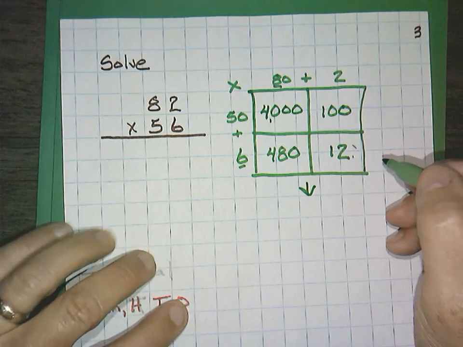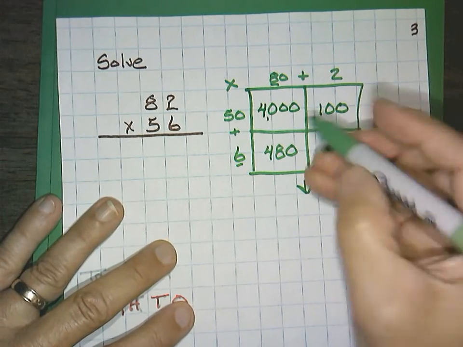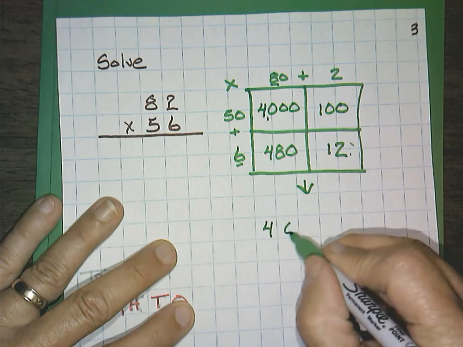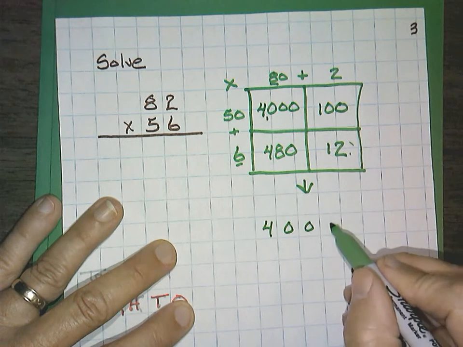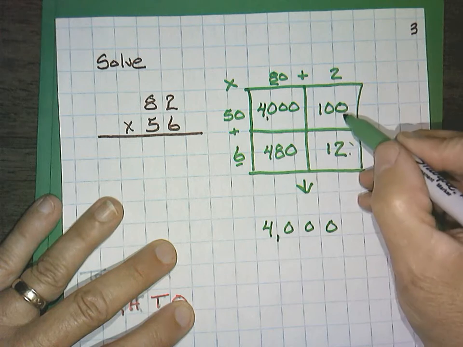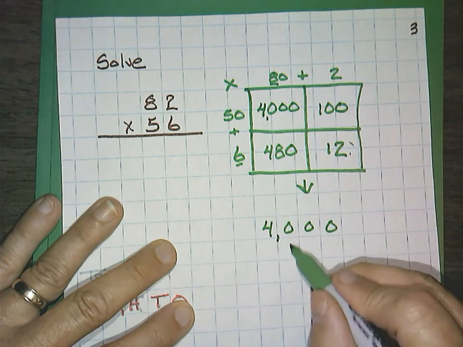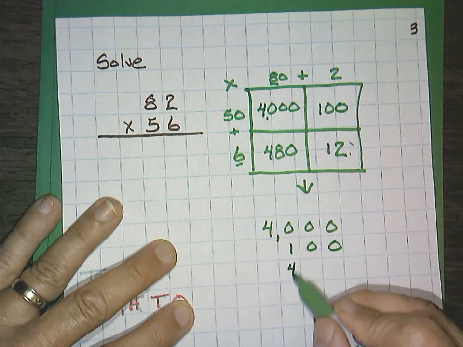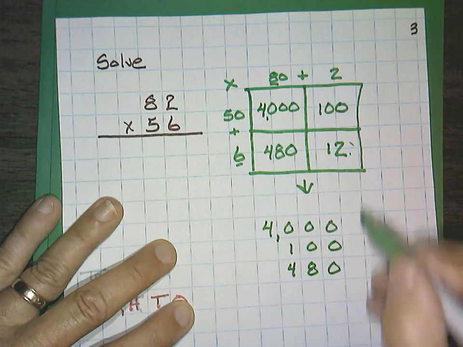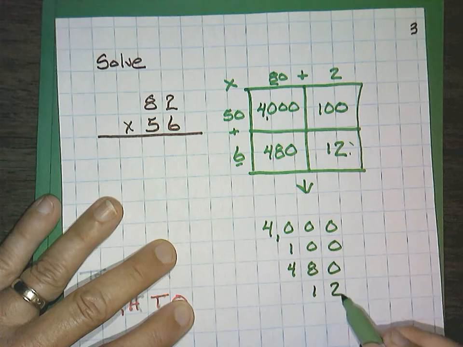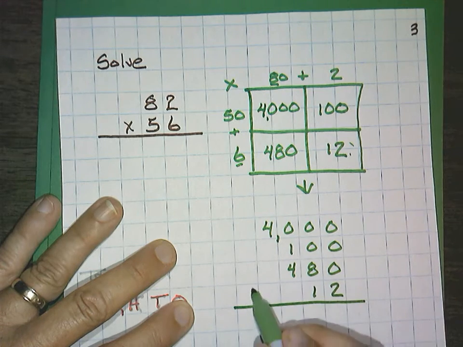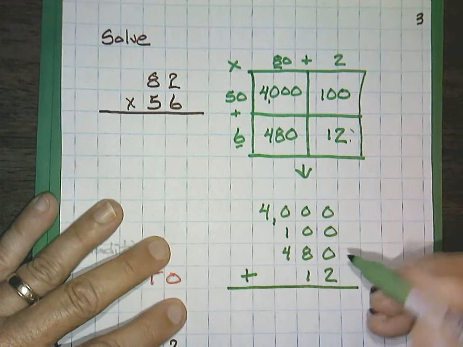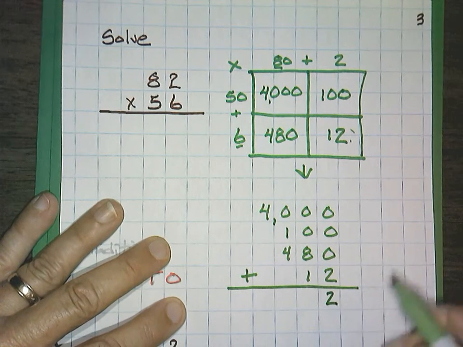Now we add. So 4,000 plus 1,000... plus 480 plus 12. In the ones column, all those zeros plus 2 would be 2.